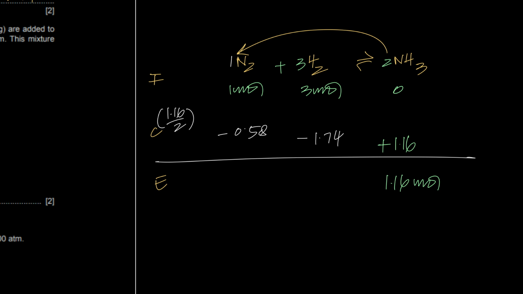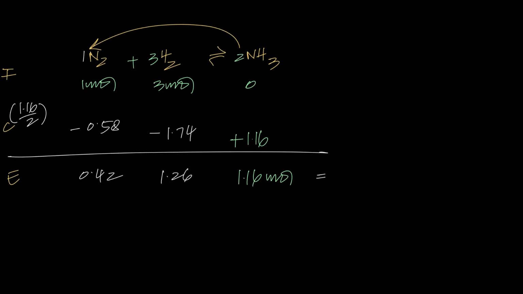Now, moles at equilibrium. Hydrogen ki moles at equilibrium. Nitrogen, if I'm not wrong, is 0.42. And hydrogen is what? 3 minus 1.74, 1.26. Right? What's the total number of moles at equilibrium? 0.42 plus 1.26 plus 1.16, 2.84. These are the total moles. Thank you.